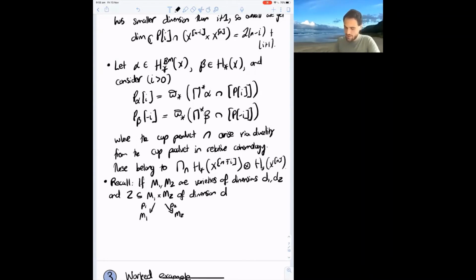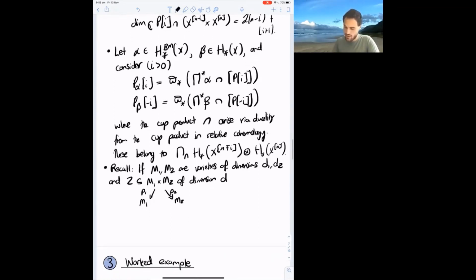And from such a Z, we talked about defining a correspondence, right? And the way that these are defined is you go from the homology of the second guy to the homology of the first guy.